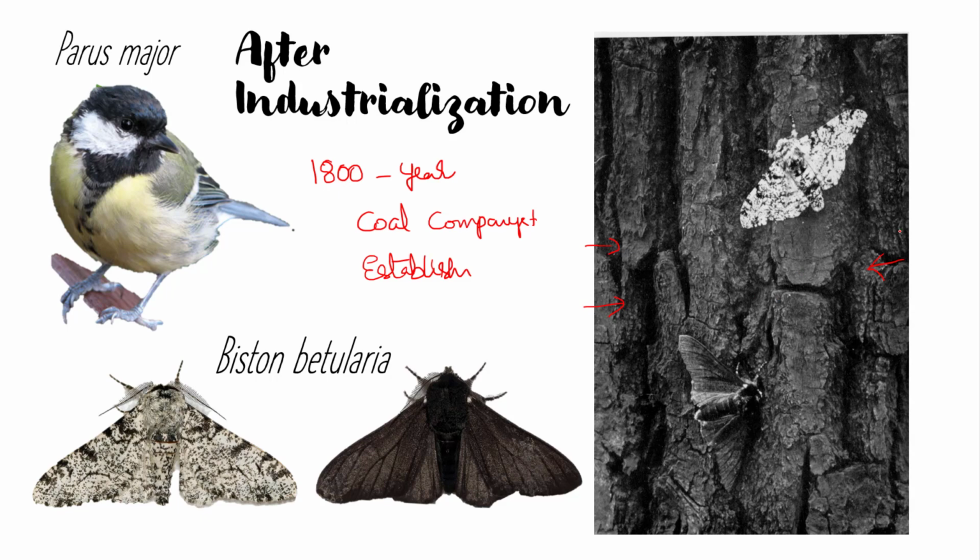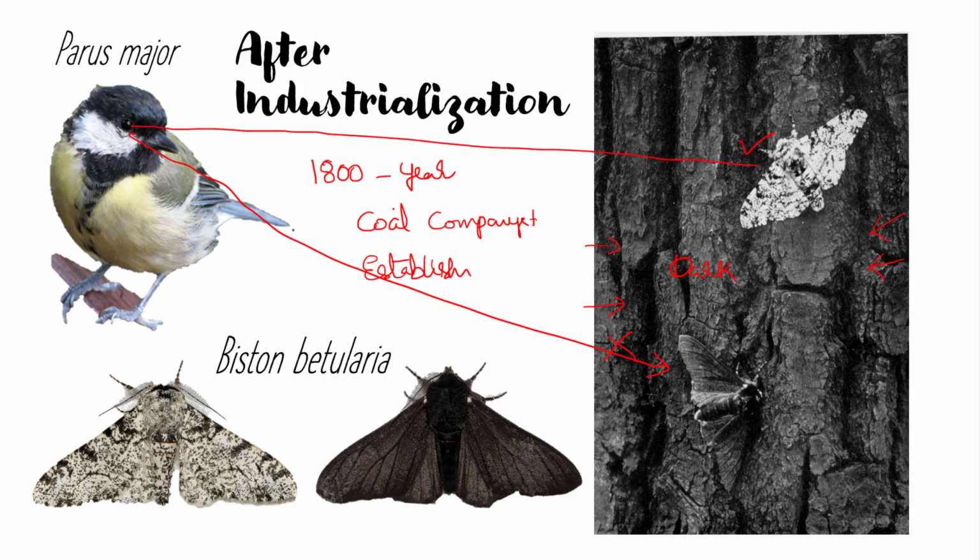Due to that, the soot and dust deposited over the trunk turned dark in color. On this dark background, the predators could not see the dark pepper moth, but they were readily able to see the light colored moth.